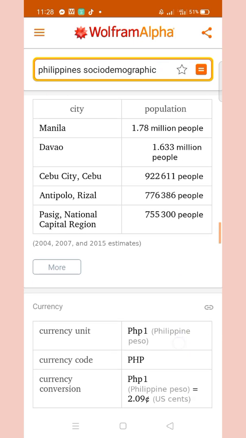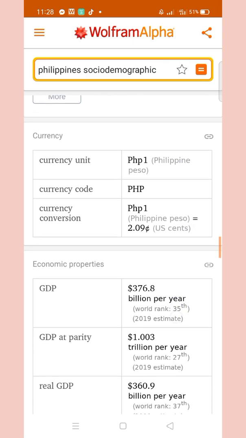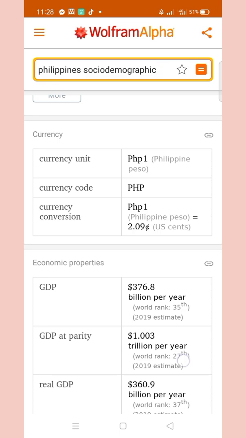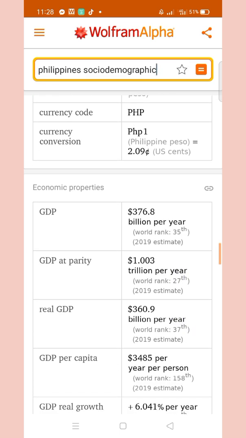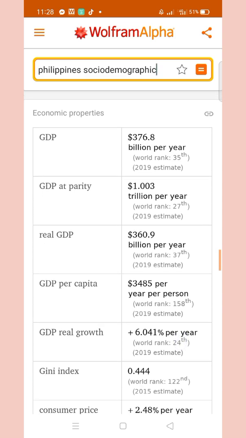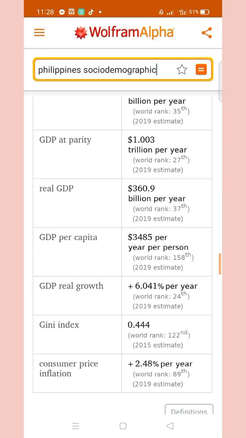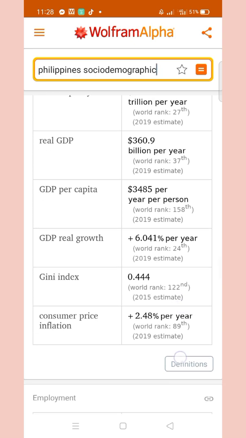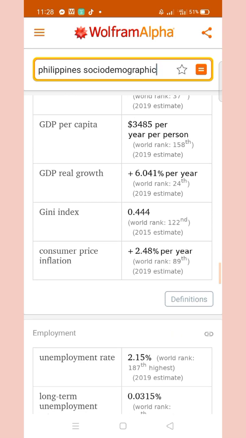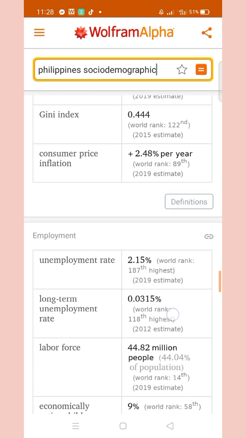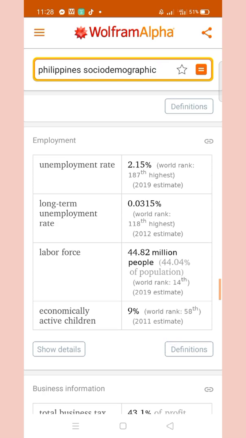Largest city is Manila, followed by Davao, Cebu City, and etc. So currency unit, currency code, economic properties, GDP, 376.8 billion per year. GDP at parity, real GDP, GDP per capita, GDP real growth, Gini index, and so on.